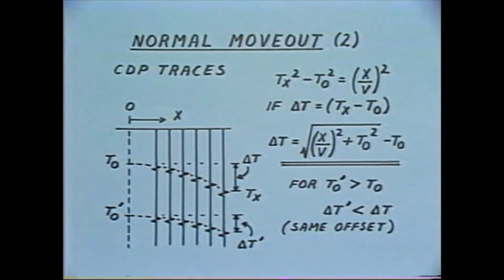Now, one other feature of normal move-out, this curvature of the reflections, is that on any particular trace, the move-out of the successive primary reflection events on that trace will always decrease. So in other words, the curvature on the primary reflections always gets less at later times on the record, which alternatively means that the normal move-out is decreasing with time.